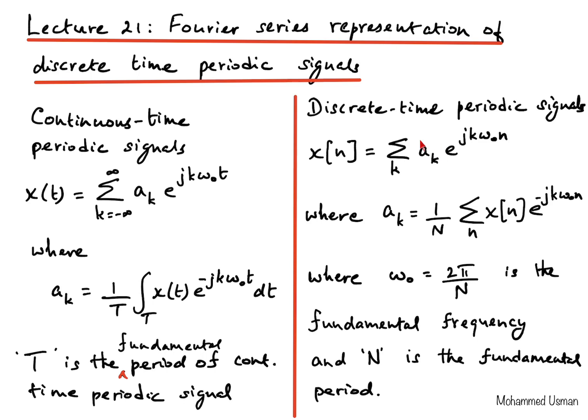So we need to compute ak, which are the weight functions associated with each of the complex exponentials. So ak is the weight of the kth complex exponential.